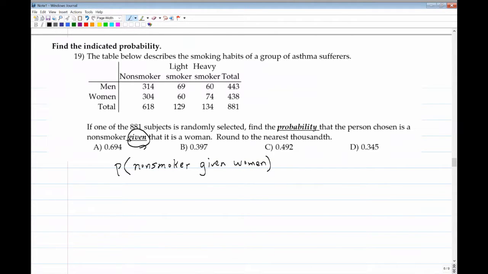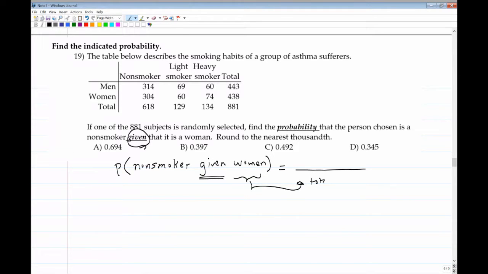So now here's the given, and the way we should write this is that the total of the thing after the word given will usually be in the denominator.